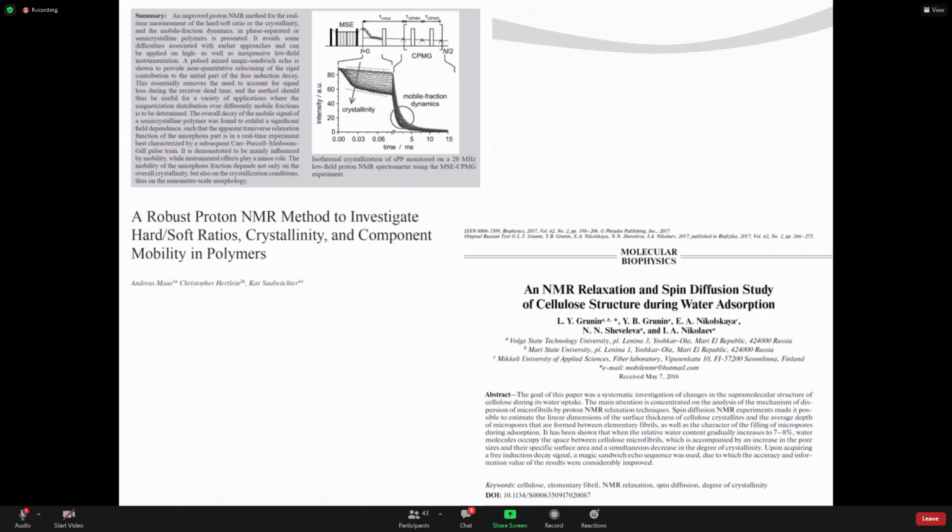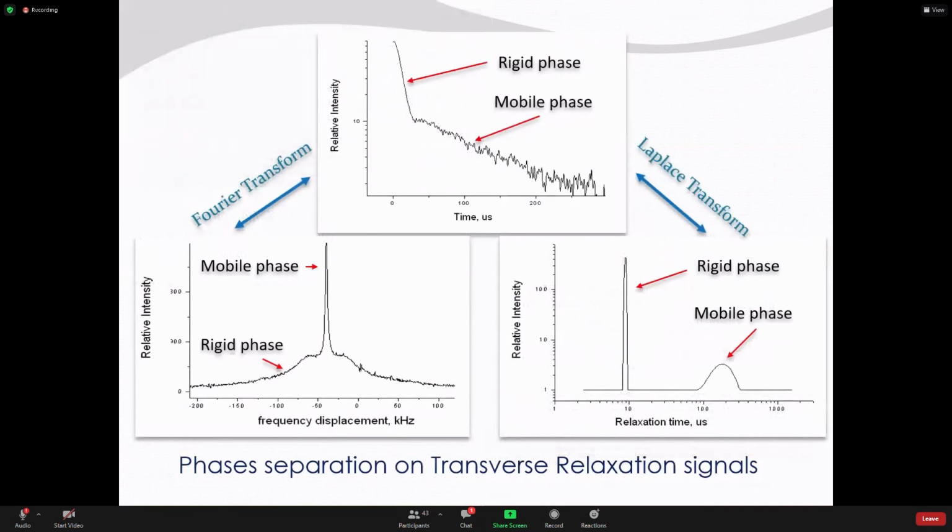This sequence helps us to identify the mobile and rigid phases, but most importantly, with the approach hypothesized by Dr. Grunin, we were able to differentiate in this rigid region the amorphous and crystalline fraction.